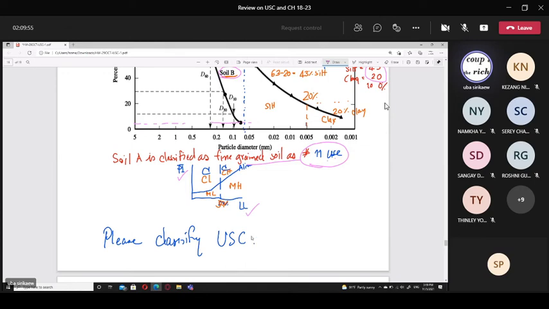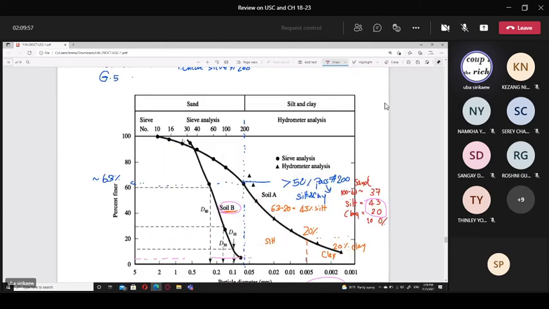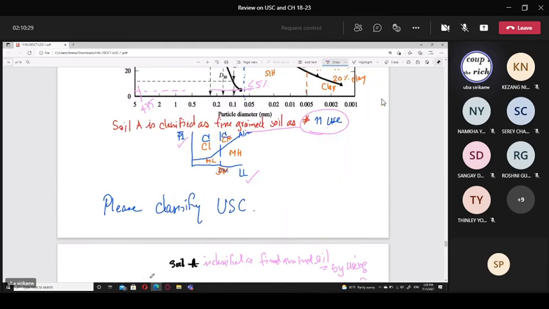So what about soil B? Soil B gets totally 100% passing sieve number 4, which is 4.75 millimeters. It is totally sand, with particles maybe less than 5% fines.